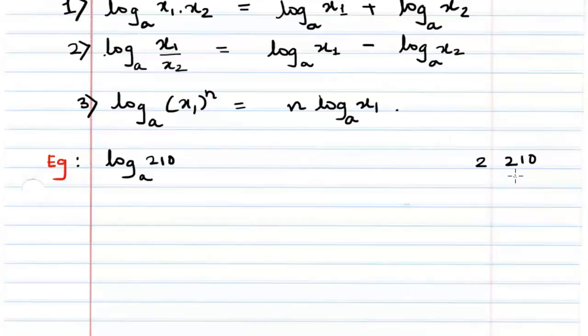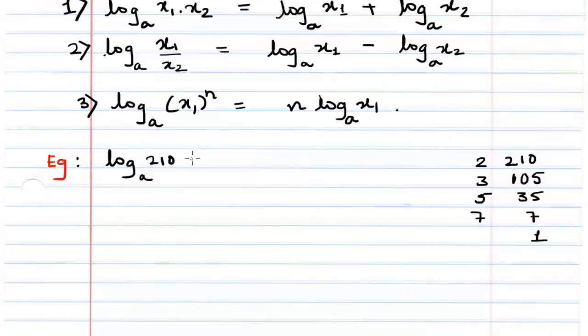I'll factor it by 2 first. 2 ones are 2, 2 zeros are 0, 2 fives are 10. Now I'll factor it by 3. 3 threes are 9, 3 fives are 15. Now I'll factor it by 5. 5 sevens are 35. Now 7 goes 7 1 times, so I'll factor it by 7. So this is 1. So what I have is 2 into 3 into 5 into 7.